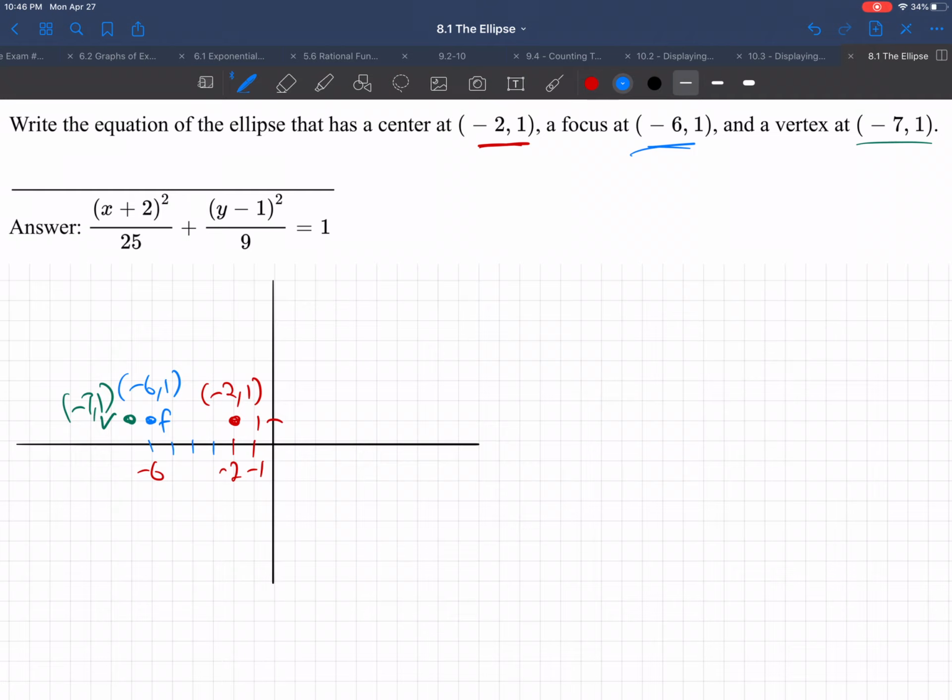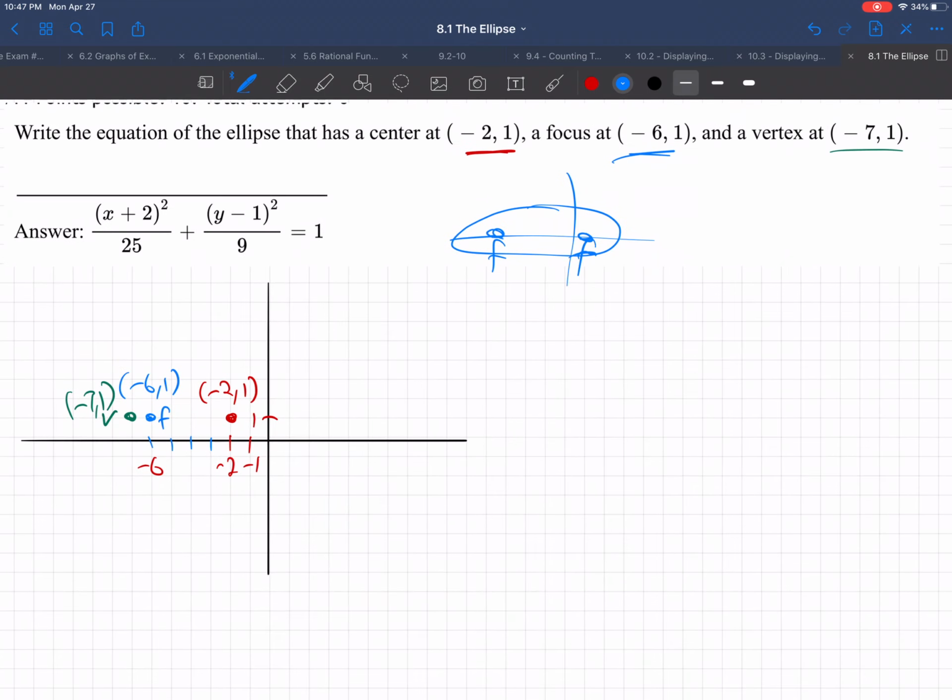Now, remember how these things work. This ellipse must be sitting somewhere like this. How do I know it's wider? Well, if the focal points are sideways, then the ellipse is wider than it is tall. If the focal points are up and down, then the ellipse is taller than it is wide.